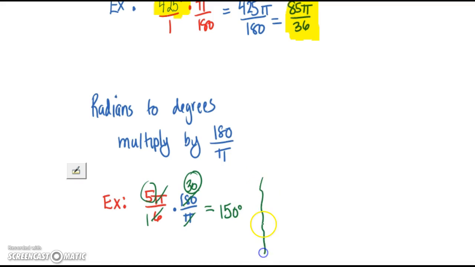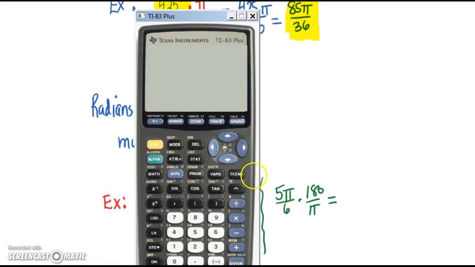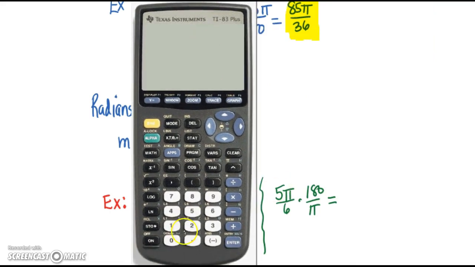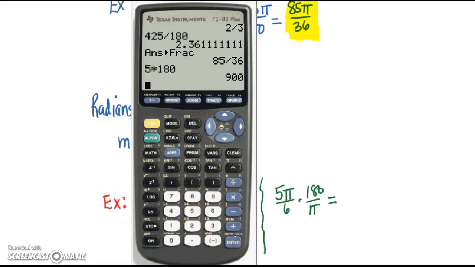Now, if you're not comfortable with that arithmetic, let's take that same problem, 5 pi over 6, and multiply it by 180 over pi again. And this time, let's use our calculators. So we can multiply our numerators across. 5 times 180, we get 900.